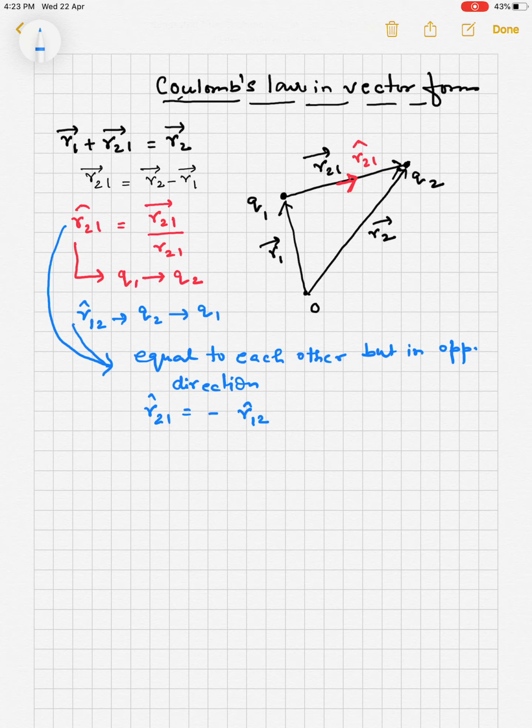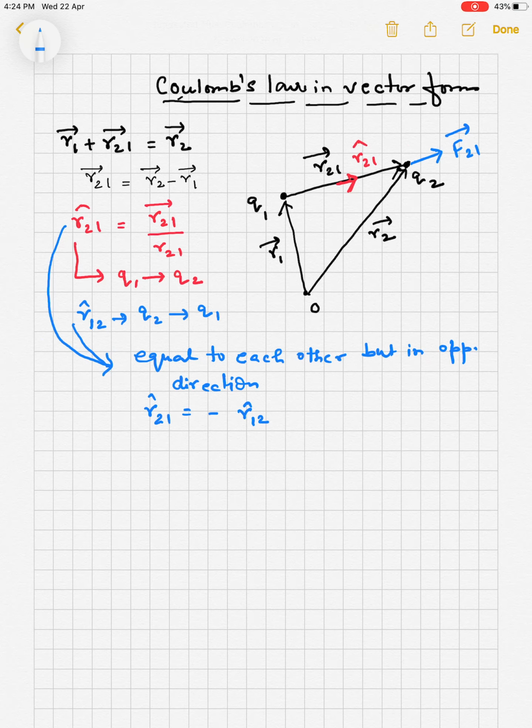Now let us try to write the direction of force. So q1 and q2, suppose both are positive, so q1 will repel q2 and this force is F21. F21 is the force on 2 due to 1. This is the symbol F21.